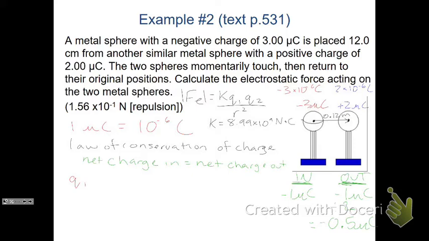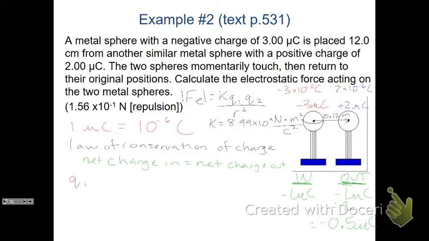The units are newton meters squared per coulomb squared. Right, because when you multiply that by Q and divide by r squared, your meters squared and your coulombs squared will cancel, and you'll just be left with newtons.